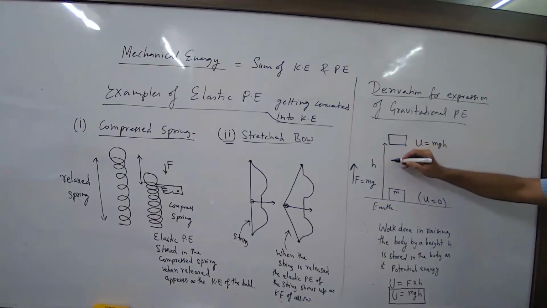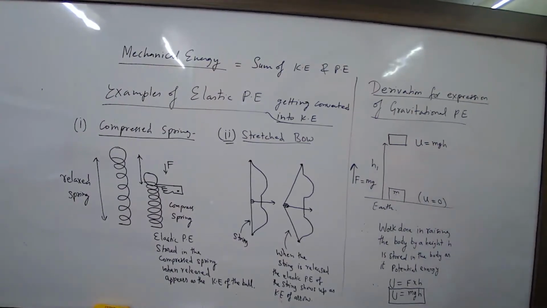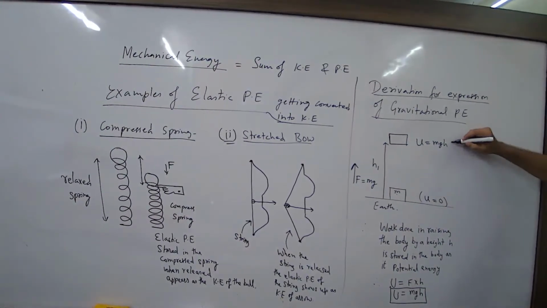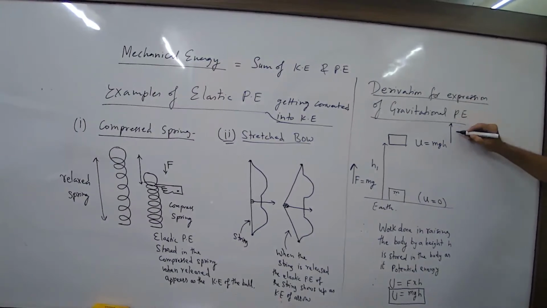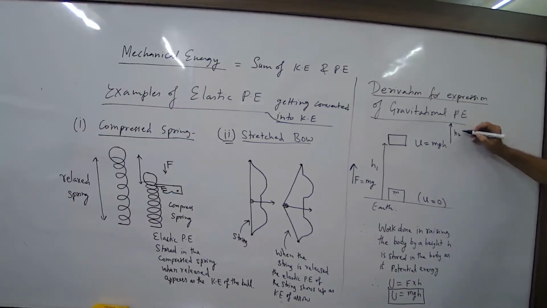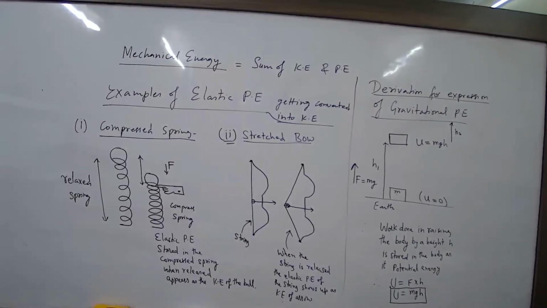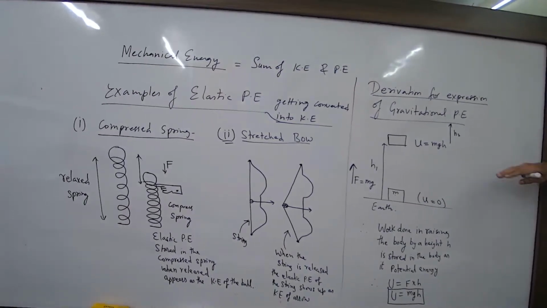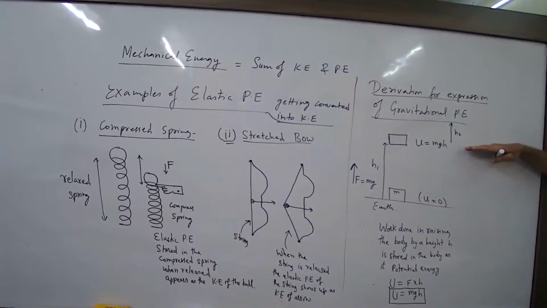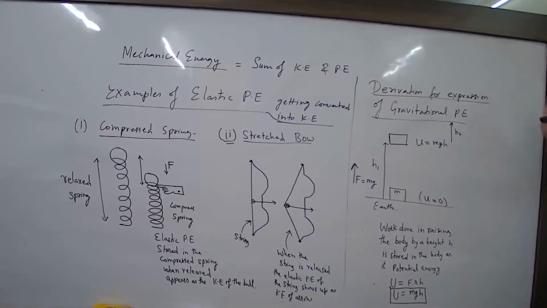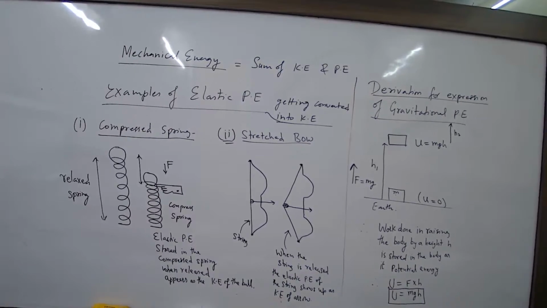So suppose this height was h1. Now I am further raising it by another height h2. The question is, what is the change in potential energy in lifting this body from height 1 to height 2? Till here it has mgh1, for example.